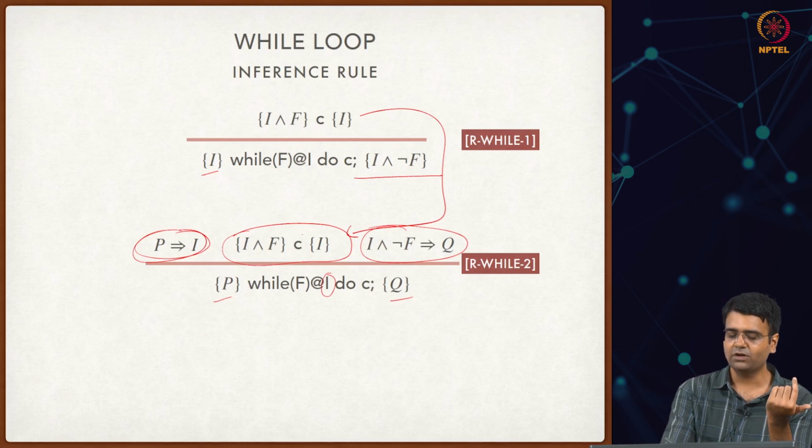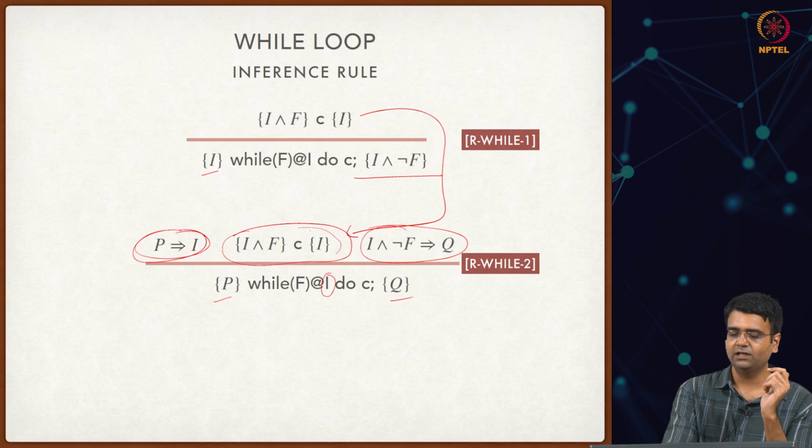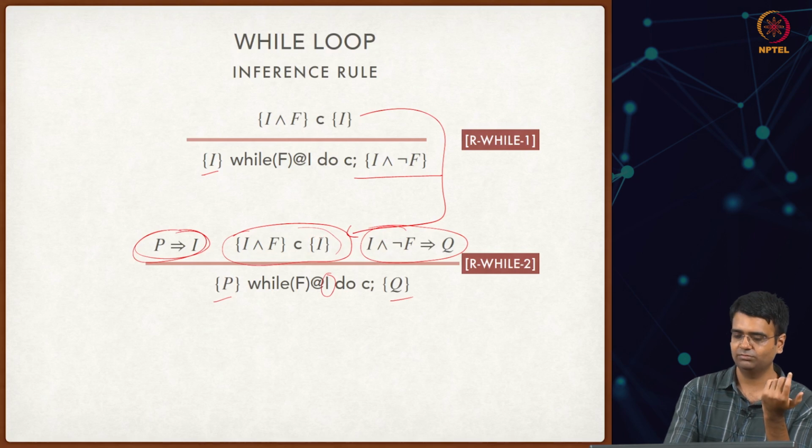And for I and F, C, I, we have already seen that this Hoare triple guarantees that if you execute C, the body of the loop, in a state which satisfies I and F, you will end up in a state which is in I. So you will never leave the set of states I after any number of iterations of the loop.